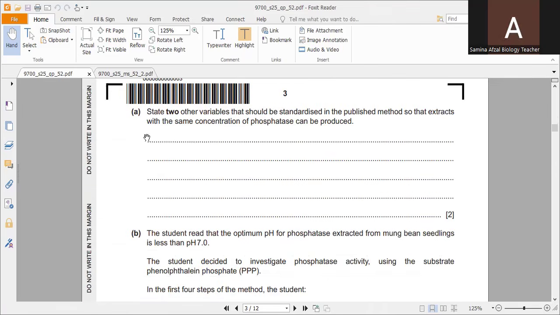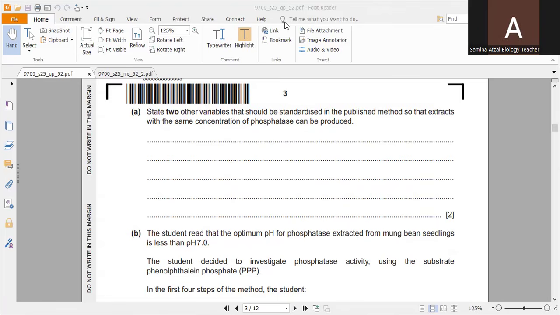Now, the question is, state two other variables that should be standardized in the published method so that extracts with the same concentration of phosphatase can be produced. So here we have to write two variables.